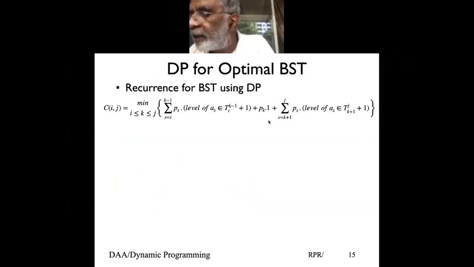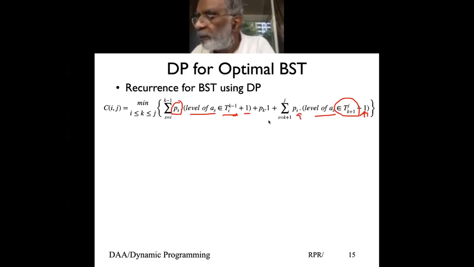In the tree Tik minus 1, the left subtree, whatever the level of the node was, add 1 to it and multiply the probability. Similarly, on the right subtree, whatever the level of the node is, add 1 to it and multiply the probability, plus the probability of my root node. I know that if this is optimal, my Cij would be optimal only when my left subtree is optimal and my right subtree is optimal. So my recurrence is defined by this.